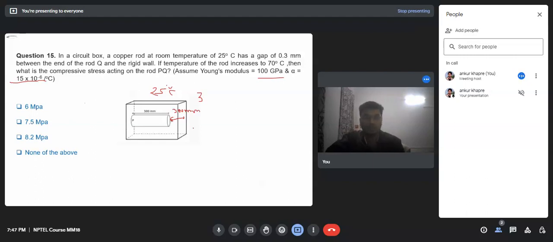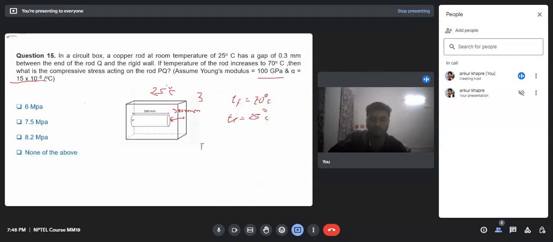And if the temperature of the rod increased to 70 degrees, it means Tf is equal to 70 degrees and Ti is equal to 25 degrees. Then what is the compressive stress acting on the rod PQ?